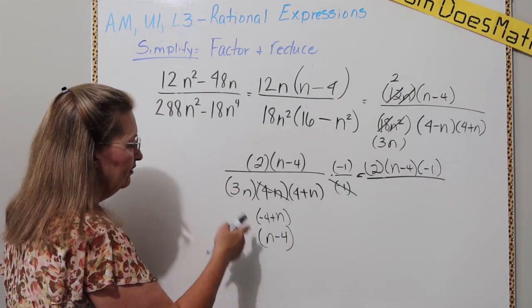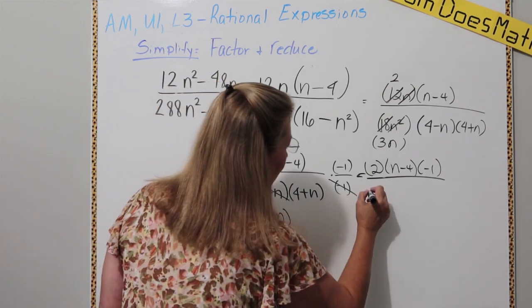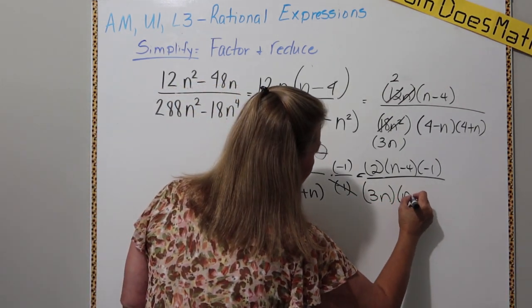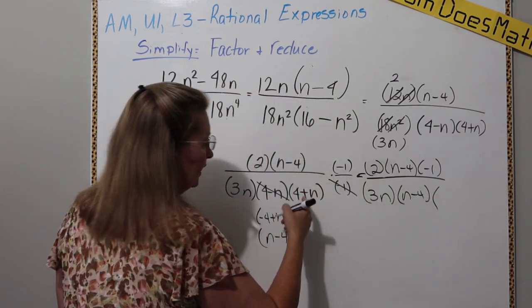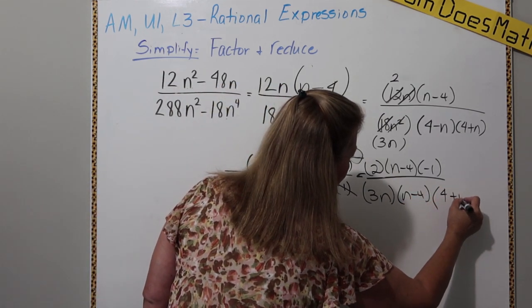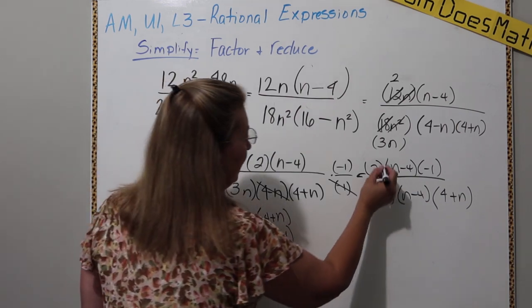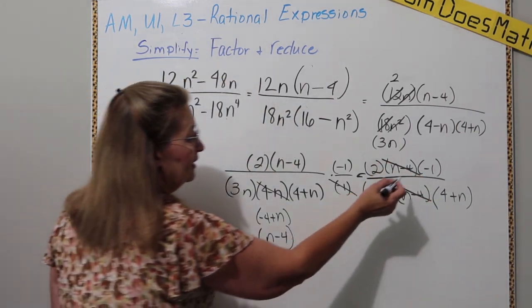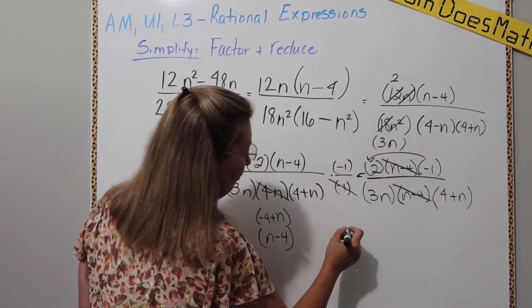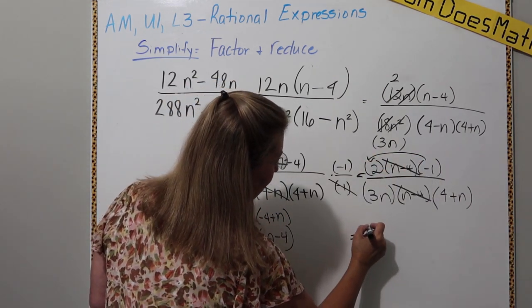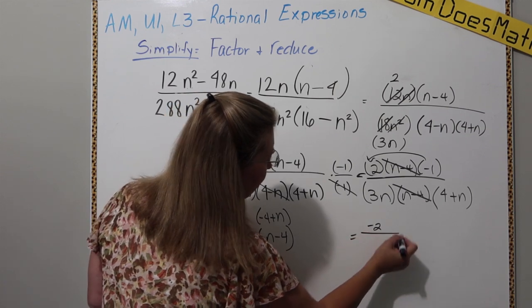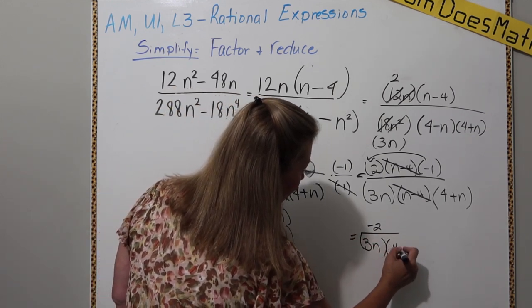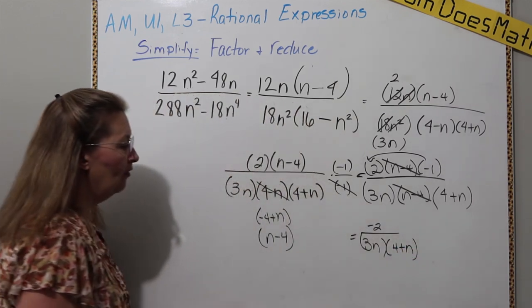So now what do I have left on my denominator here? I've got 3 times n, I've got n minus 4, and I've got 4 plus n. So now these two things cancel out. Alright, now this -1, I can go ahead and multiply it times the 2. So that's going to leave me a -2 on the top and 3n times 4 plus n on the bottom.